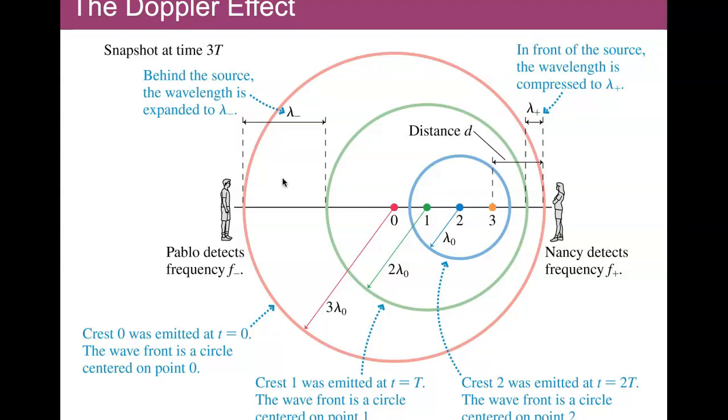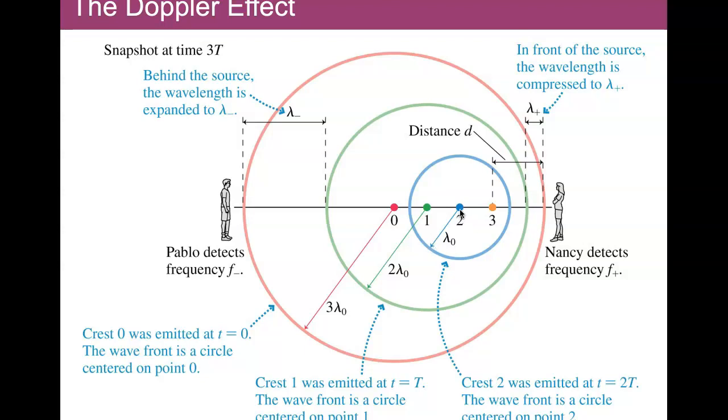So how can we work out the math here? What are these wavelengths? The wavelength that this source would produce if it were stationary is lambda, let's say lambda naught.